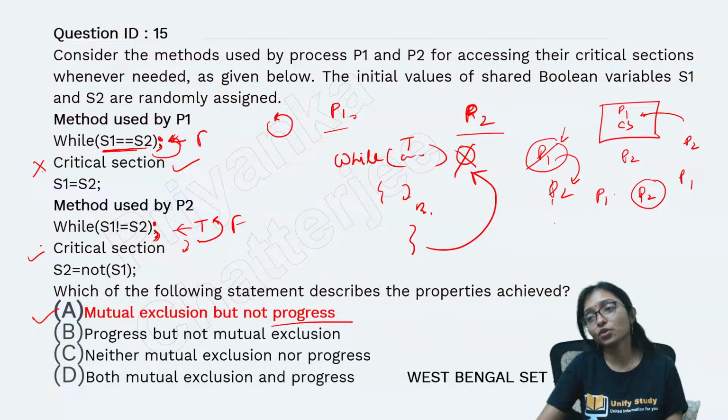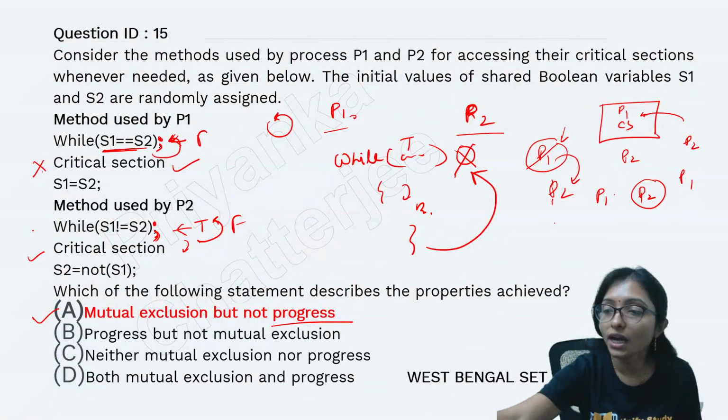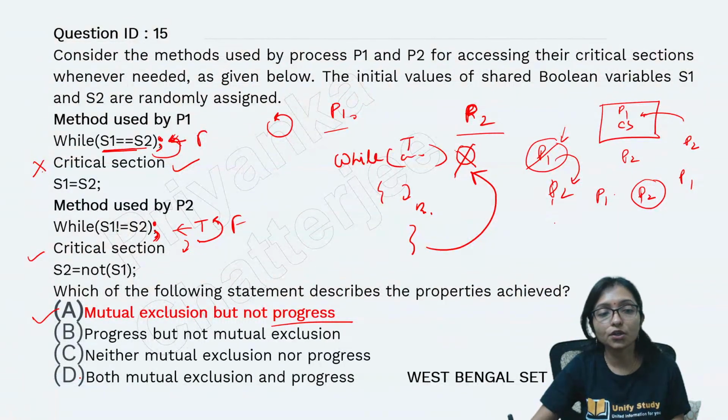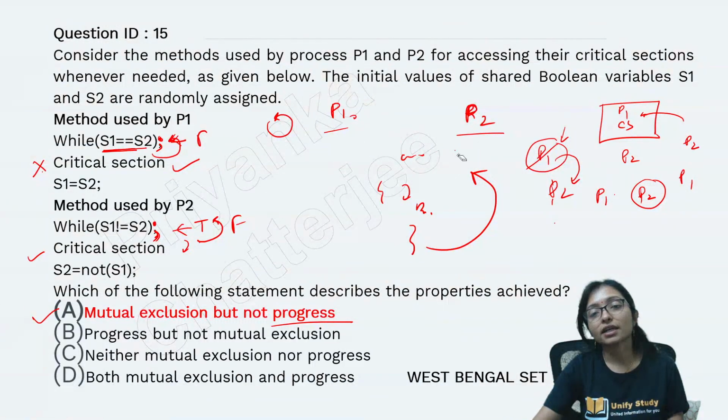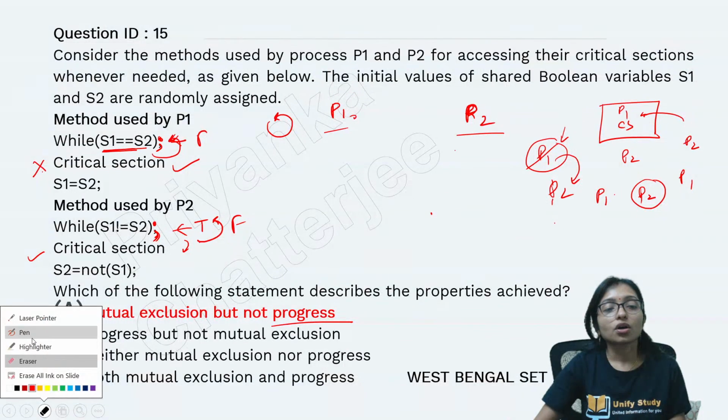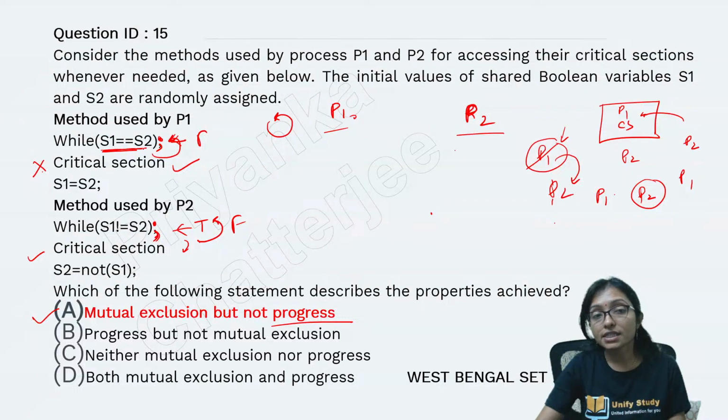Now you have to understand when P1 is executing and when P2 is executing. This concept you need to understand. See that, P1 will execute when S1 equals S2 is false, because the while condition is true only then it is looping.